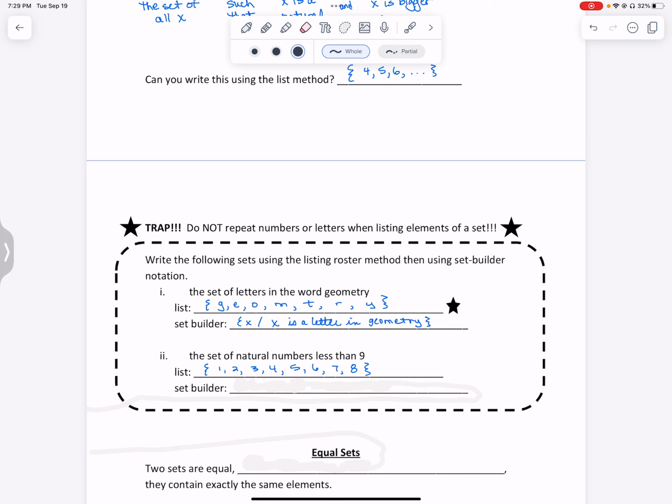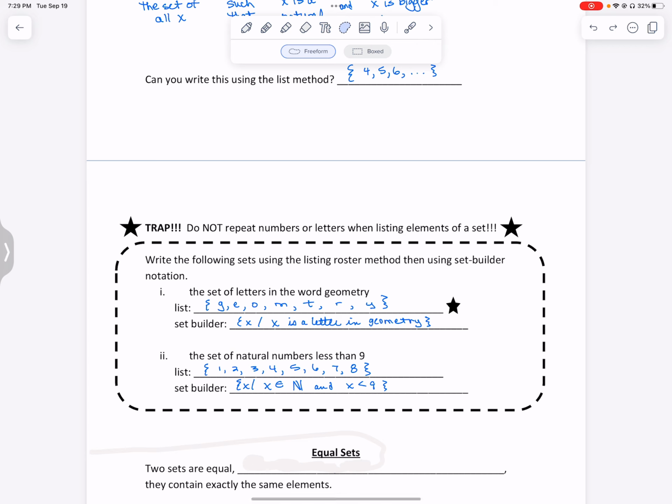In set builder notation, you've got different ways you could say it, but they all would have this part: the set of all x such that x is a natural number and x is less than 9.